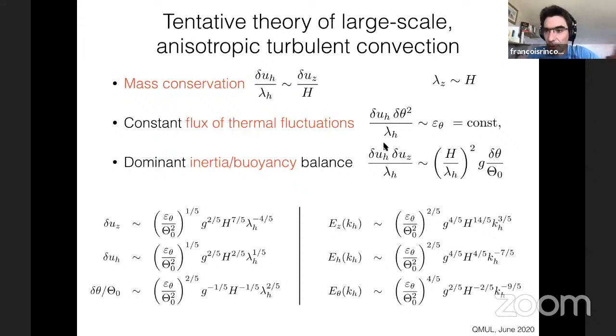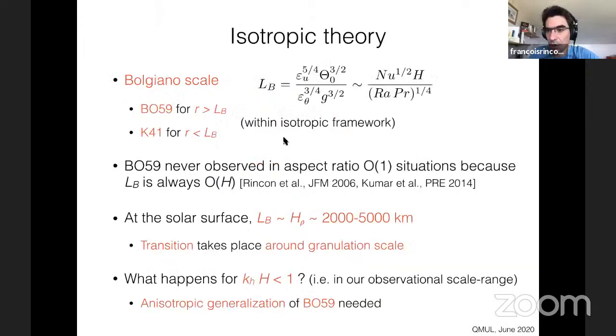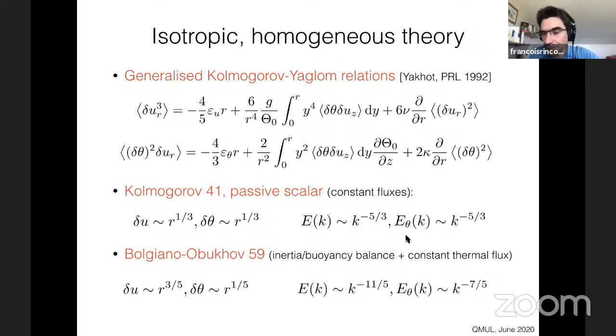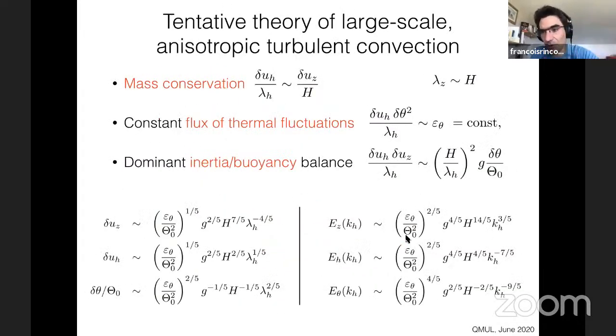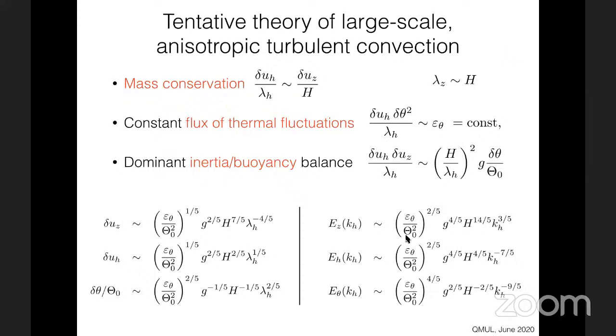So this is just a very phenomenological version of applying Yaglom and Kolmogorov theory in this context. So I'm not actually using these two equations to derive these scalings here. What I'm doing is at a much cruder level than going exactly through the exact laws. Does this answer the question? Yes.